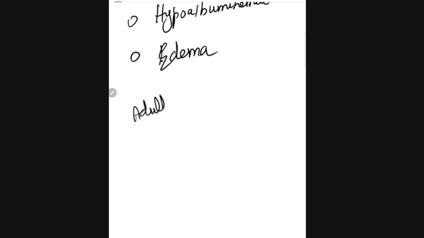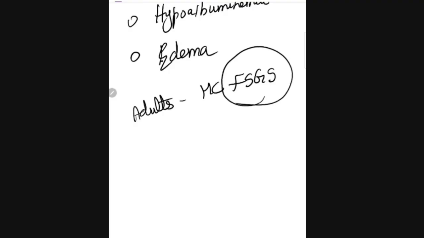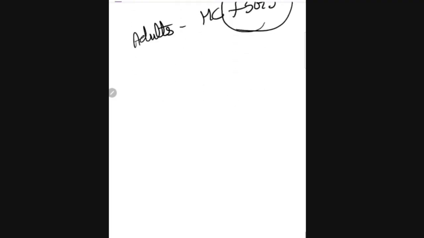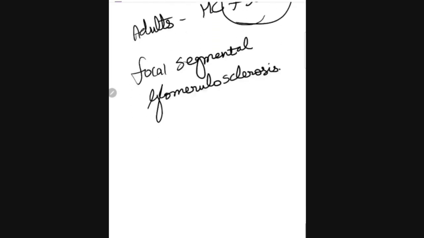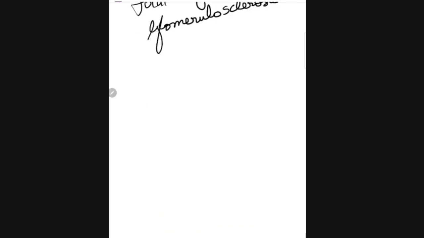Whereas in adults, more common is FSGS, focal segmental glomerulosclerosis. The other one that we commonly see is membranous nephropathy.